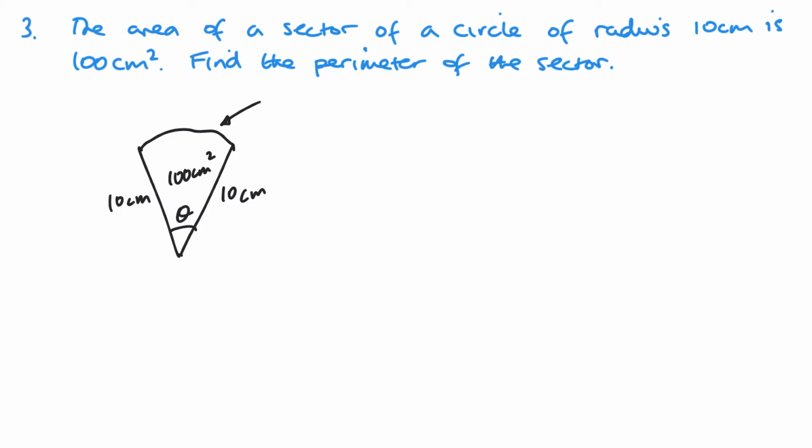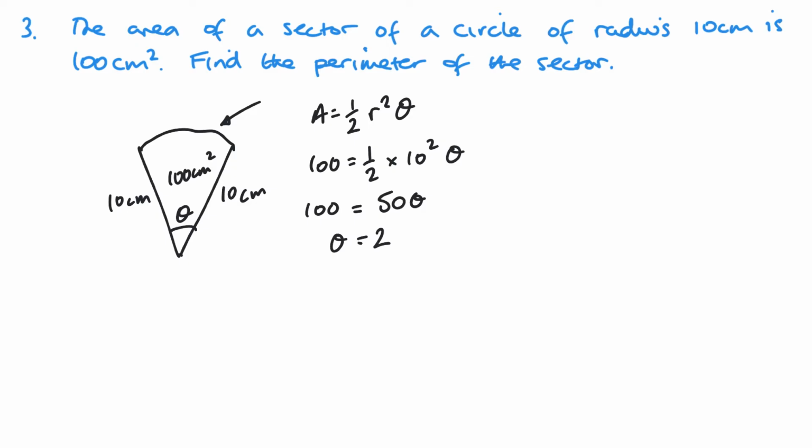Okay, so let's look at the area of the sector, as that's what we're given. So the area is 100, the radius is 10, and obviously we don't know what theta is yet. So 10 squared is 100, half of 100 is 50. So you can see this is nice and easy, so theta is going to be 2.